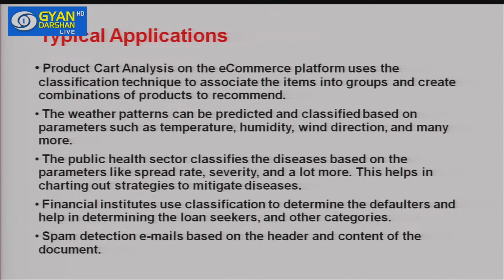Another important thing, I think everyone must have experienced this. Everyone uses Gmail, Google mail, right? And you have different folders on the left hand side. You know that whenever you receive a mail from an unknown source, it usually goes to the spam folder, right? So whether the incoming mail is spam or not spam, how is this classified? Classification uses different classification algorithms.